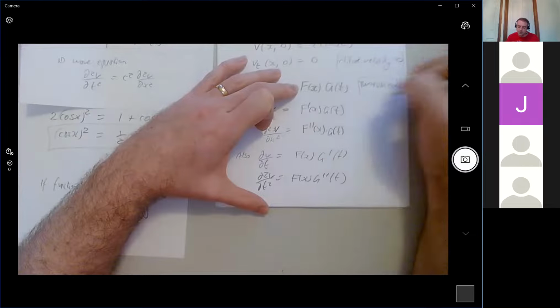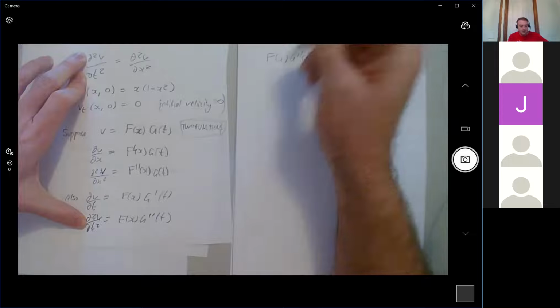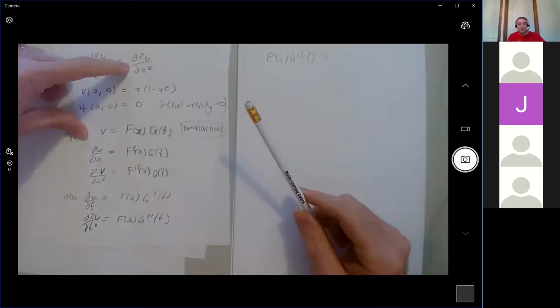We're able to sub this in. So we've got here that d squared v on dt squared is f of x times g double dashed of t. And over this side, d squared v on dx squared is f double dashed of x times g of t.